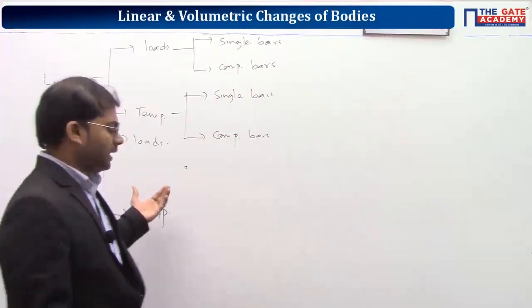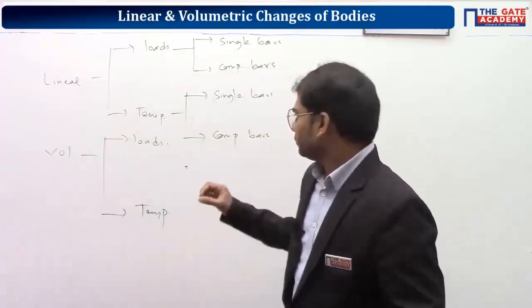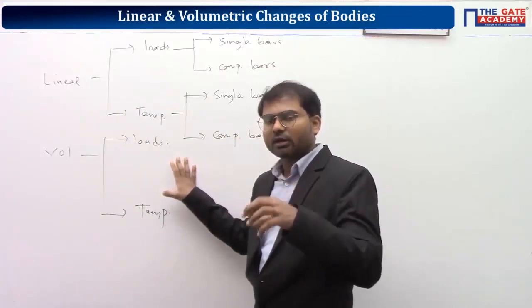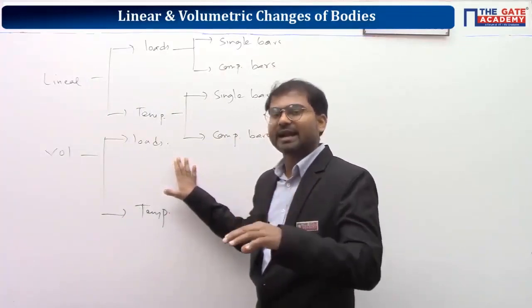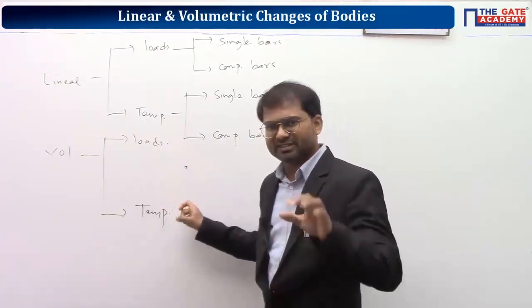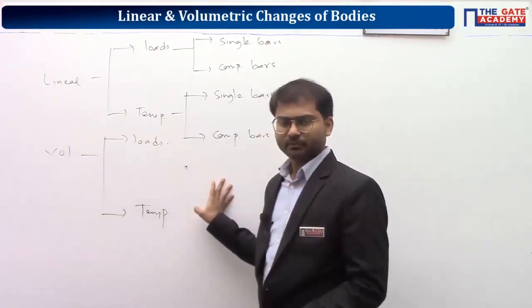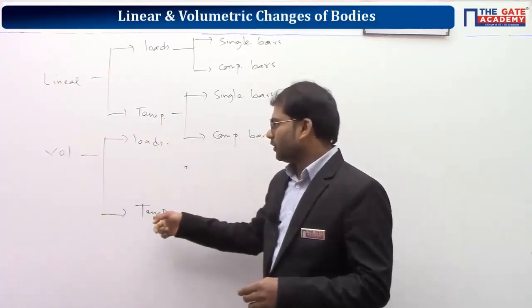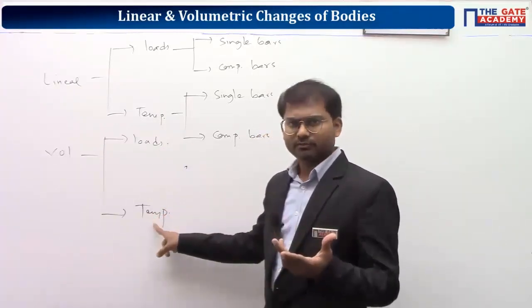Yeah, Sanjay, that means at GATE level we don't have composite cases, or composite bars will not be dealing with that regarding volumetric changes. So if you study about volumetric changes with loads and temperature for a single member, it's more than sufficient, because that's very complicated. As far as GATE is concerned, here only we'll see very less number of questions.